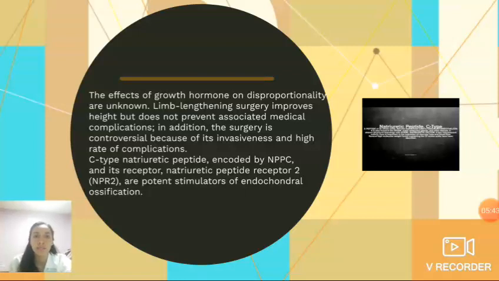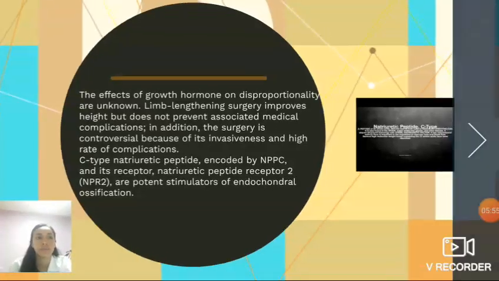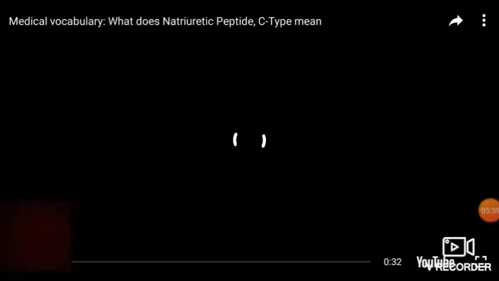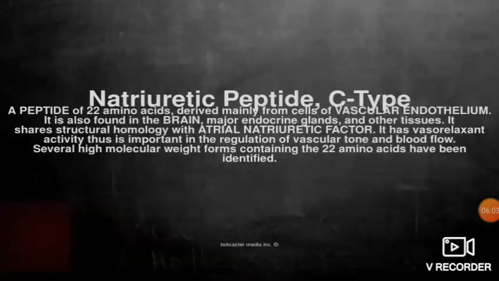C-type natriuretic peptide encoded by NPPC and its receptor, natriuretic peptide receptor 2, are potent stimulators of endochondral ossification. It is a peptide of 22 amino acids, derived mainly from cells of vascular endothelium.